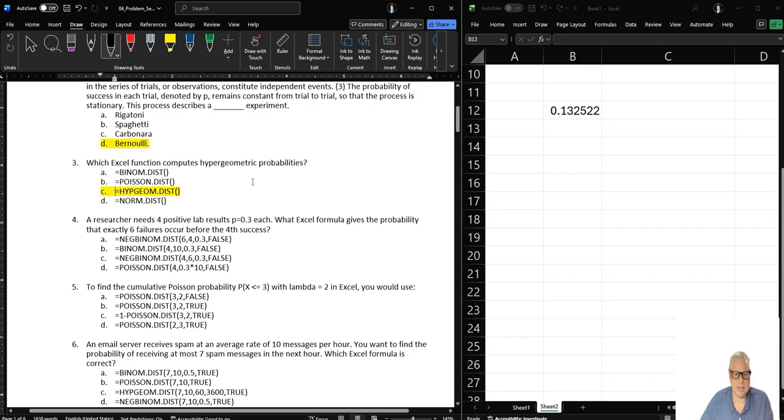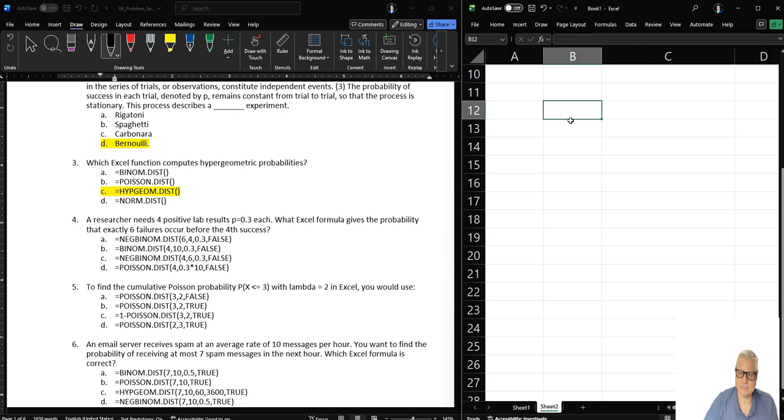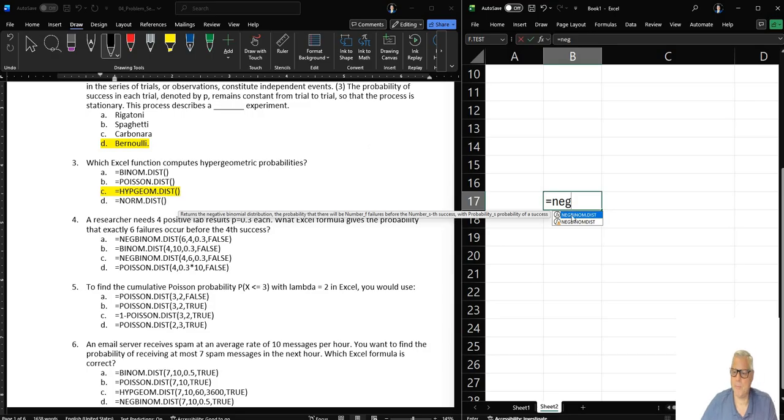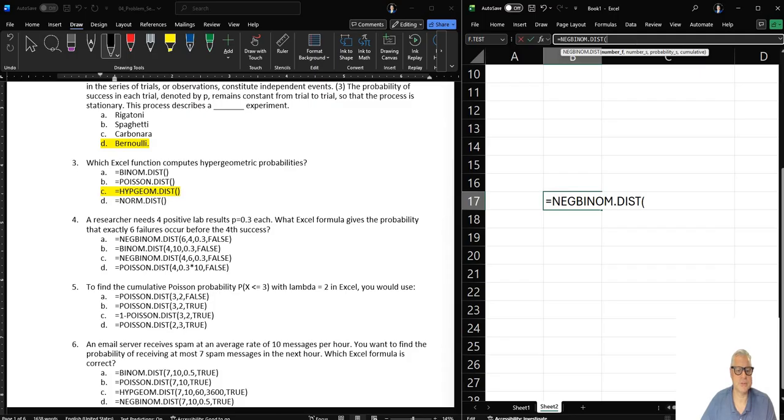Okay, I think it's clear that this is the negative binomial distribution. And well, we can actually ask Excel, so equals neg.binom.dist, number of failures, exactly 6, number of successes 4, the success probability is 0.3 and not cumulative.